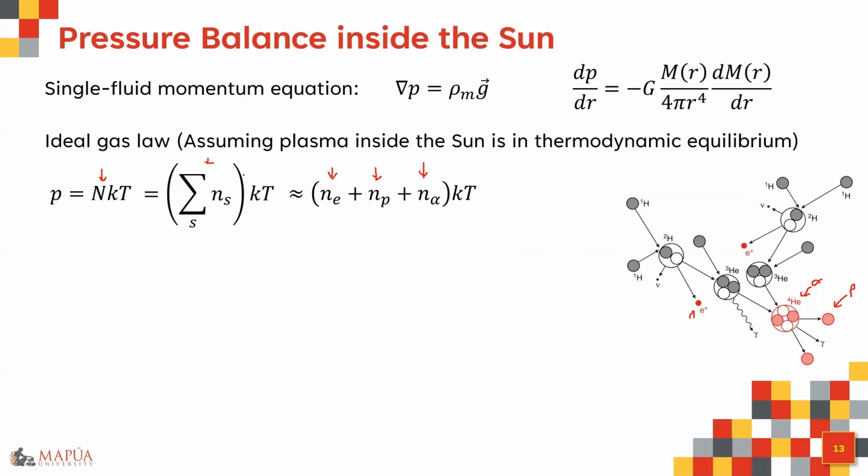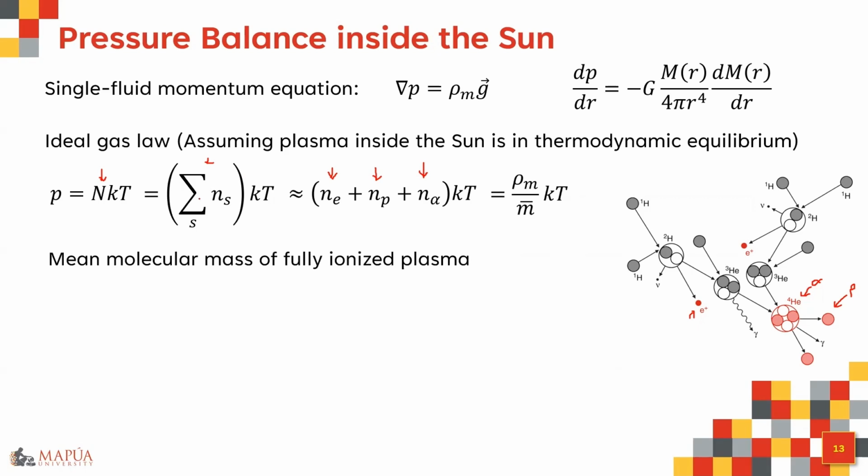Now, this is actually equal to the mass density divided by the mean molecular mass of a fully ionized plasma. So this is defined as this. We already mentioned this before: the sum of m_s n_s divided by n_s.